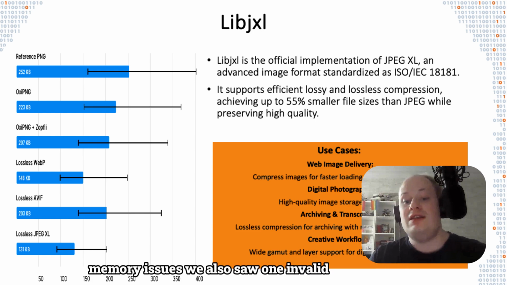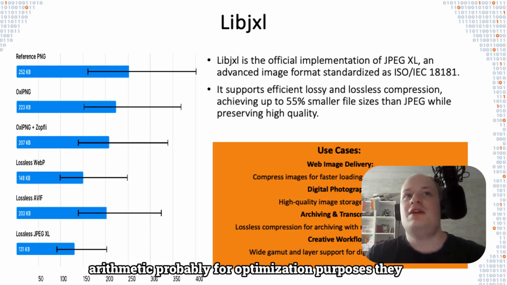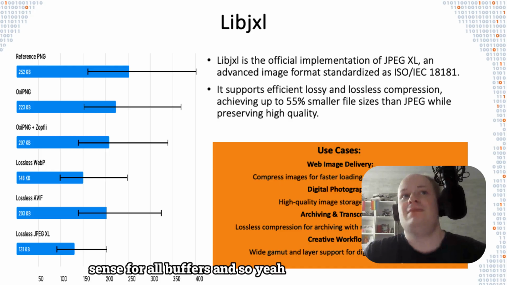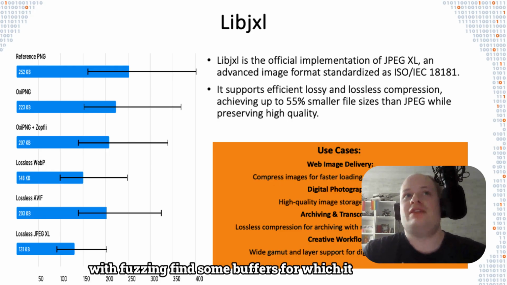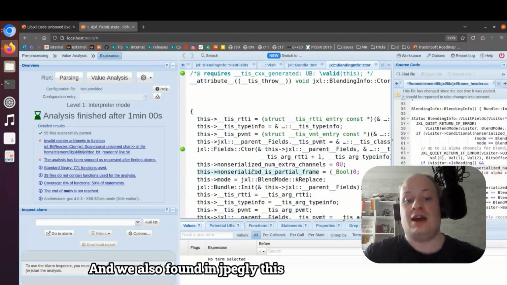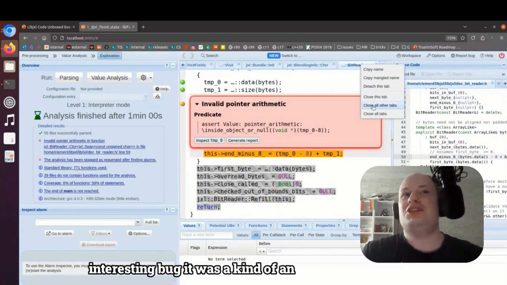We also saw 1 invalid pointer arithmetic, probably for optimization purposes. They were doing some computation that doesn't make sense for all buffers. And so, we did eventually, with fuzzing, find some buffers for which it was never valid. And we also found in JPEGly this time a really interesting bug. It was a kind of an intentional bug.